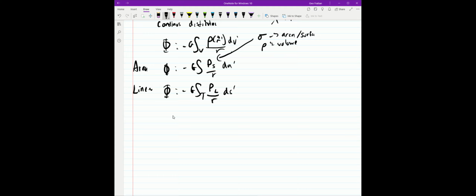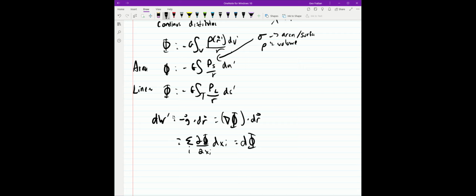So let's look at the differential work element, which is given by negative g dot dr. If we look at g, that's just the gradient of the gravitational potential dotted into dr. Well, that's just equal to a sum over dummy indices of the derivative of the potential.